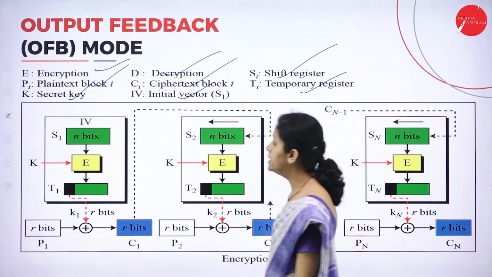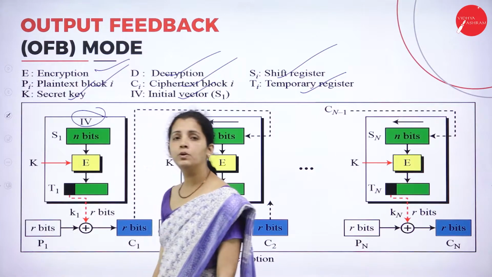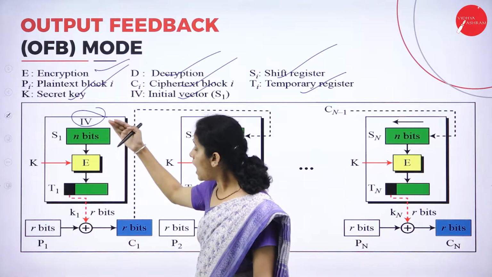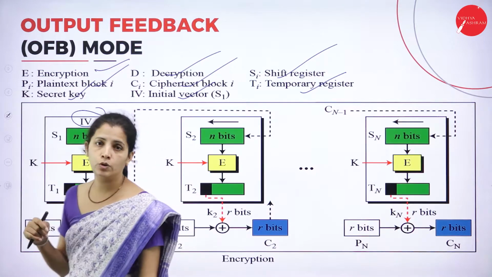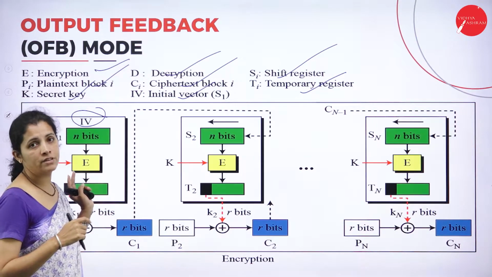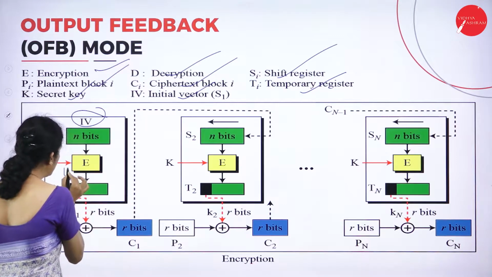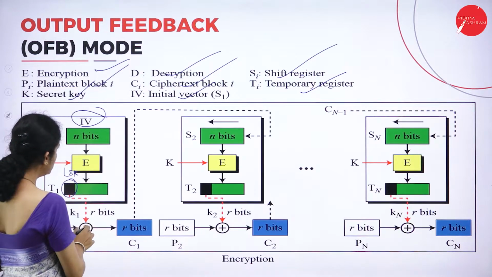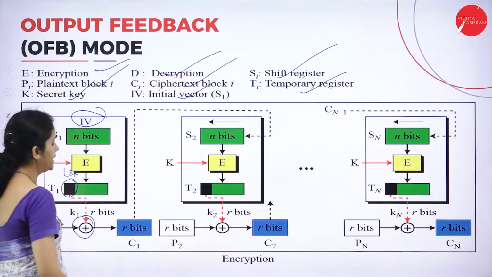Now, at the beginning, I'm going to have the initial vector, and this is the input to the encryption algorithm. After applying the encryption algorithm, the output is divided into two parts, left shift register and right shift register, and I'm going to consider only the left shift register. Then this is the input to the XOR operation with the plaintext.